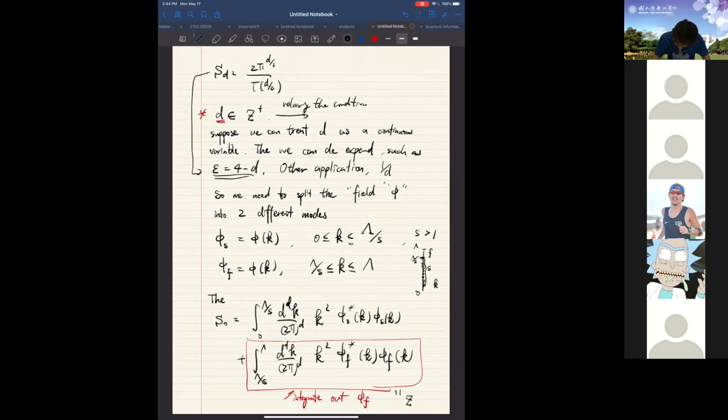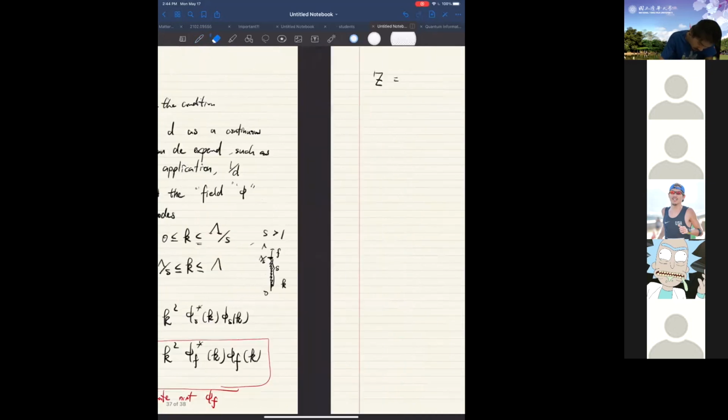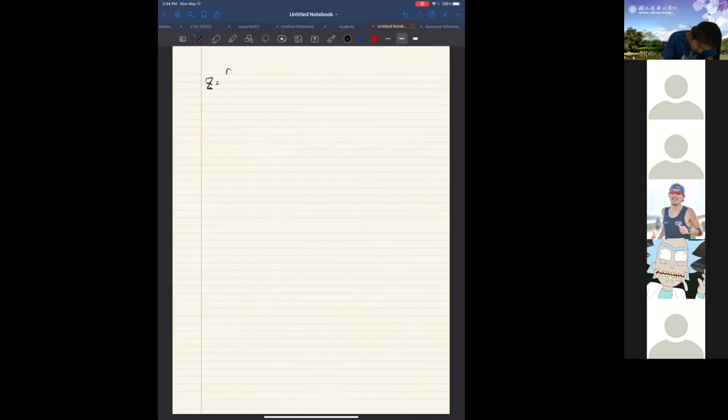Okay. So to be precise, what we need to integrate is the original partition function, which also needs to be split into the fast and the slow mode. So let me split this into two parts.